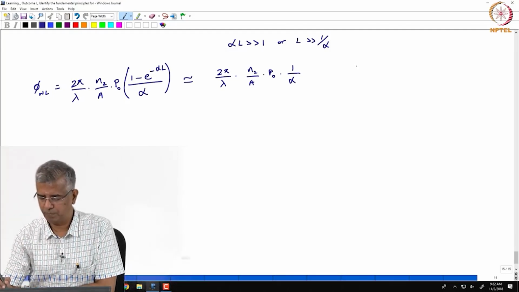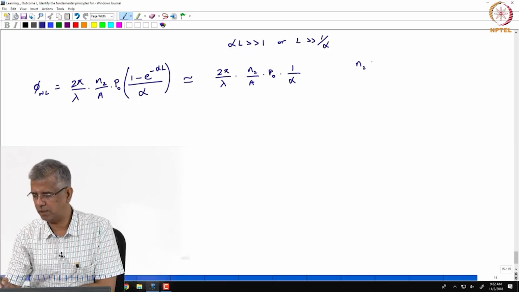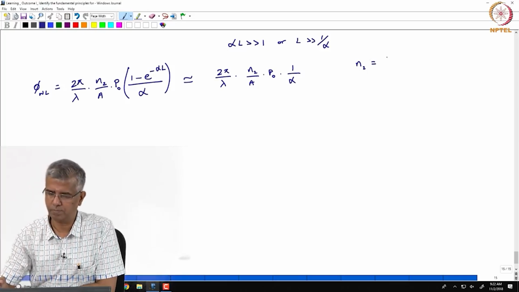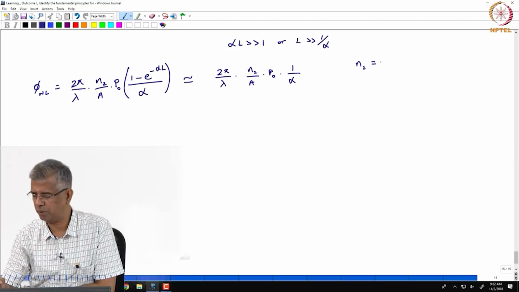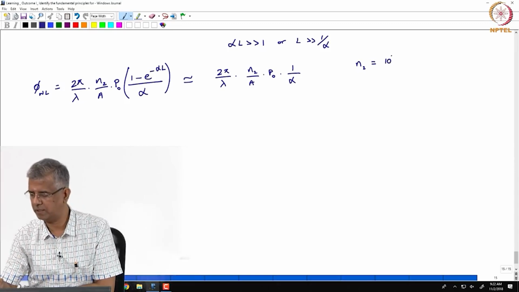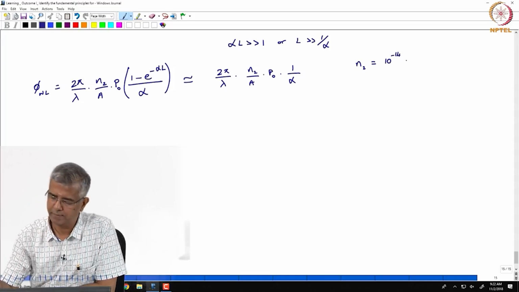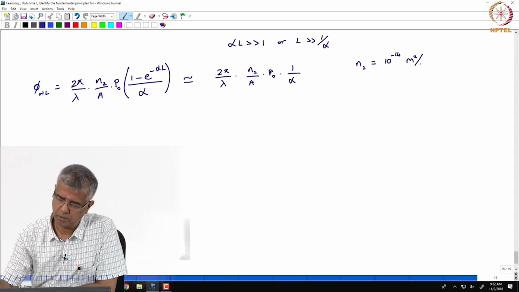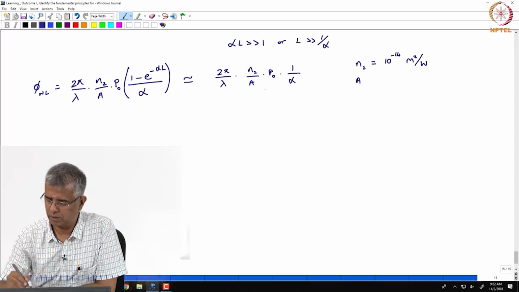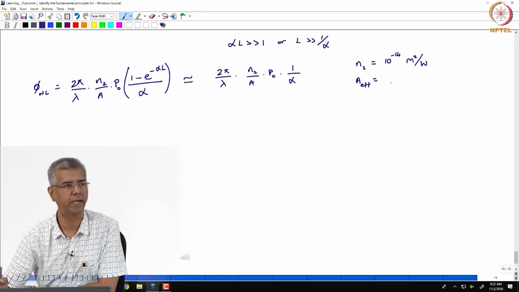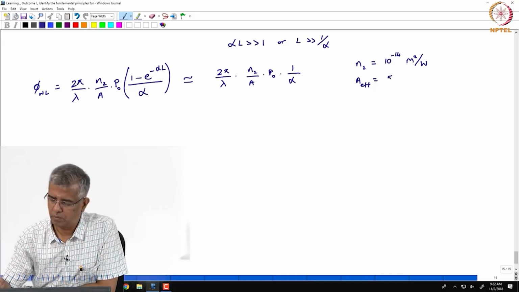Where n2 is 10 power minus 10 centimeter square per watt, so you can basically write it as 10 power minus 14 meter square per watt. A corresponds to A effective, that's the effective mode area in the fiber, which we said is 50 micron square.